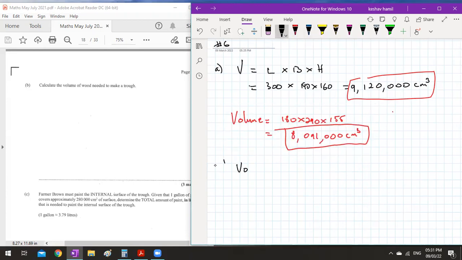The volume of the wood, part B, will be the total external volume minus the internal volume.